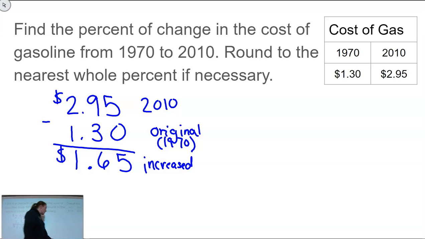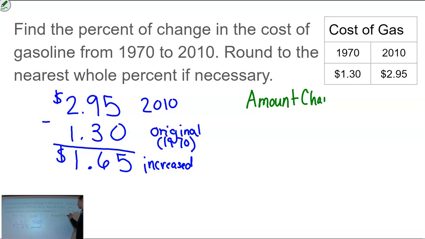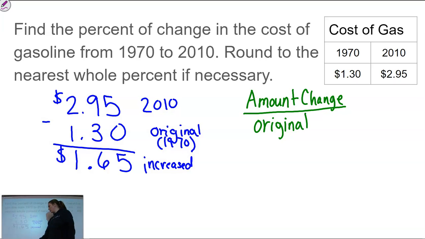All right, so now that we found our change, our formula is the amount changed over the original. So how much did it change? Well, it increased by $1.65.